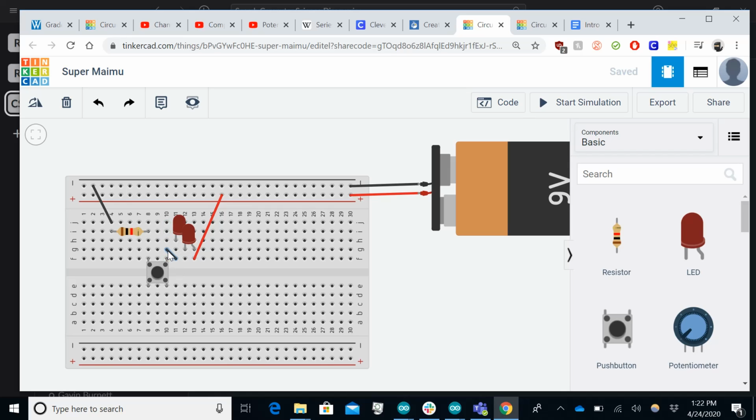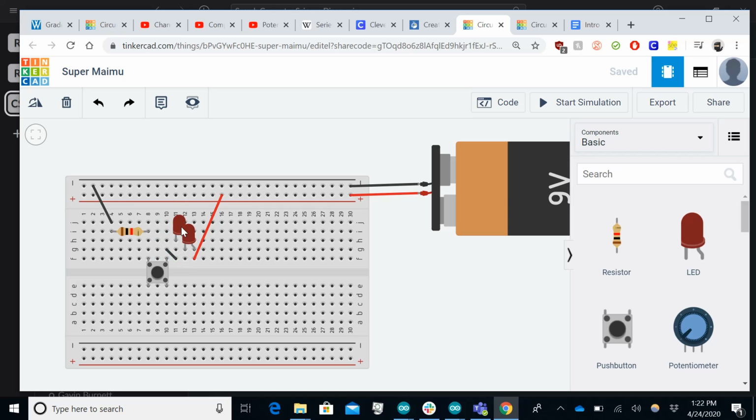And as those electrons go to the negative pole of my LED, they go out the positive side. Now they're still being attracted by the fact that there's a connection to the positive here. If this connection didn't exist, it wouldn't go through there.